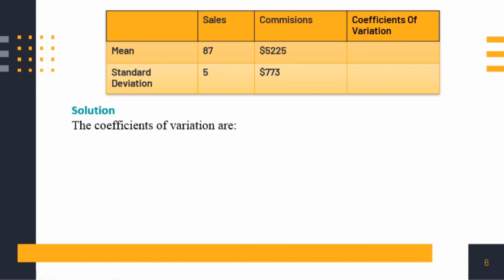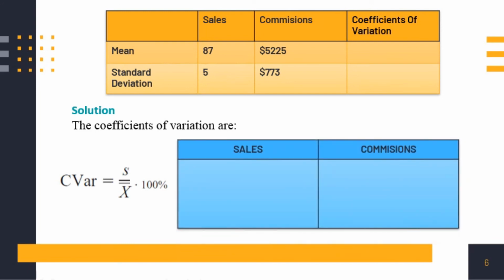Solution. The coefficients of variation are, we use this formula, CVar is equal to the standard deviation over mean multiplied by 100%. In sales, it is equal to 5/87 multiplied by 100%, which is equal to 5.7%.